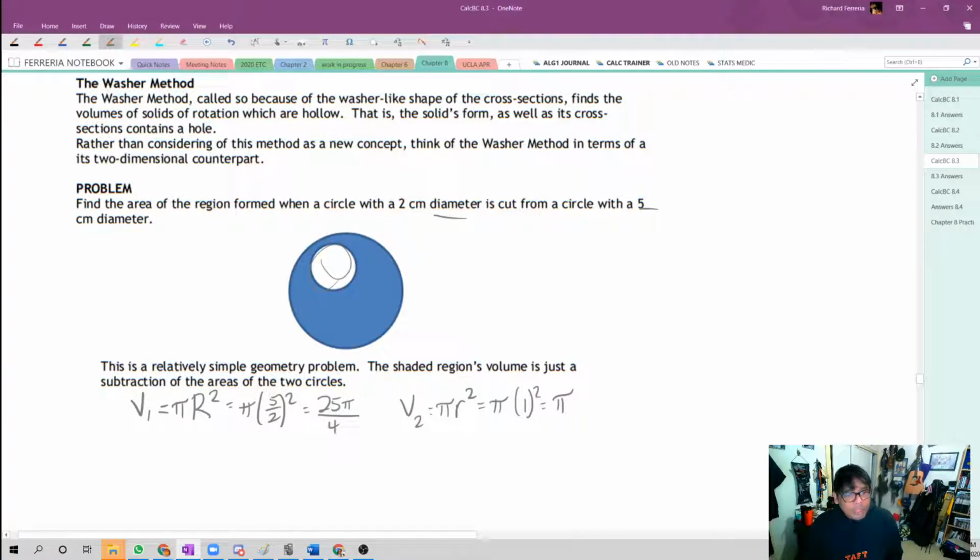So the volume of the shaded region is just going to be equal to volume 1 minus volume 2, which is 25 over 4 pi minus pi. And if you want to consolidate that, that's 21 pi over 4.